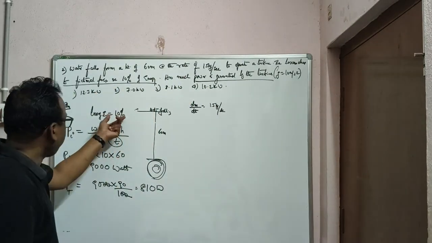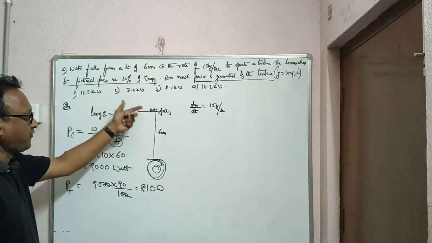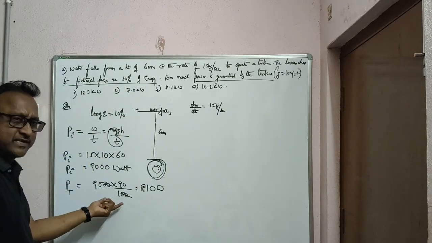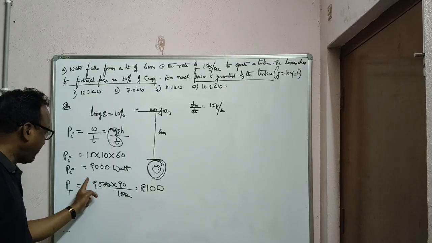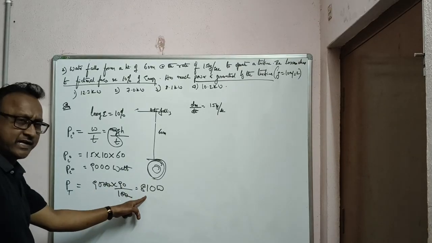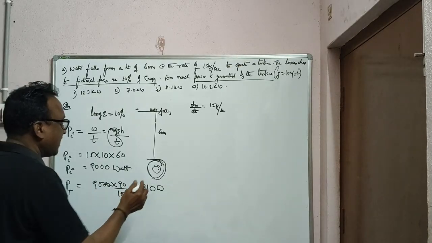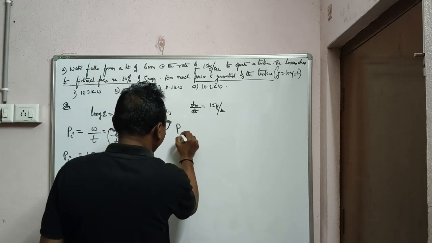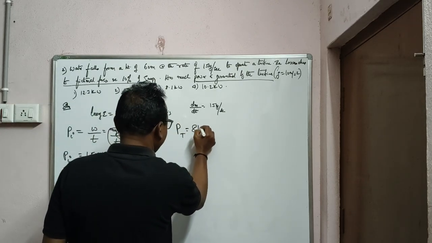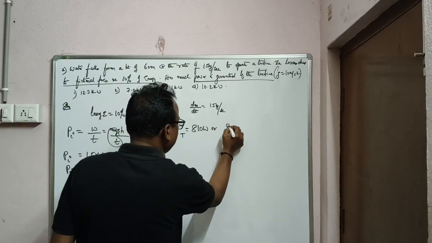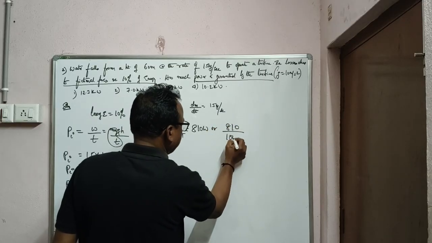Do you understand? Because 10% is lost due to friction, due to the falling of water. So 90% is the useful one. So how much is 90% of this, the useful part? 810 watts. Therefore power generated by the turbine is given by 810 watts, or 810 by 1000.